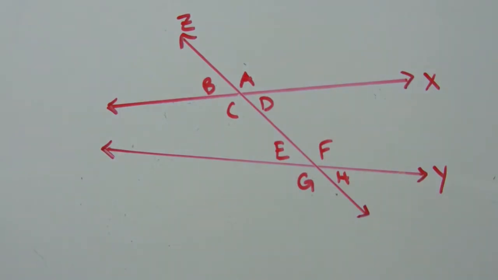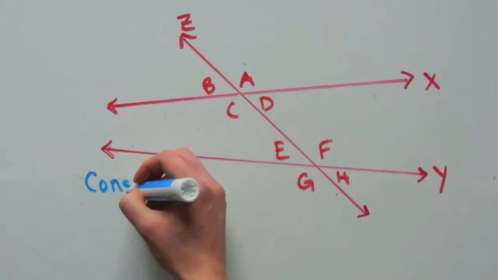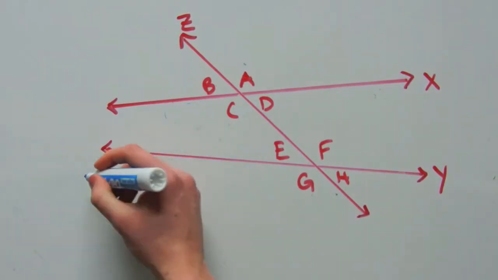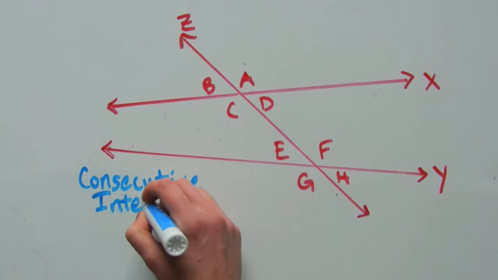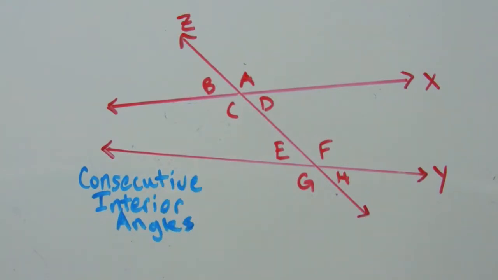Let's first look at consecutive interior angles. Consecutive interior angles are interior angles that lie on the same side of the transversal and, again, are interior.